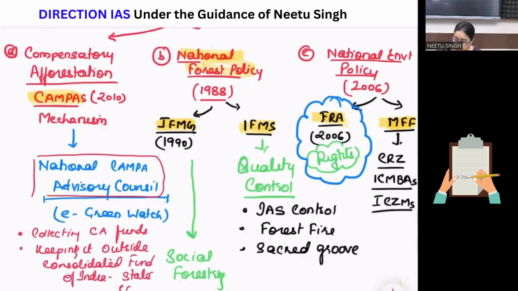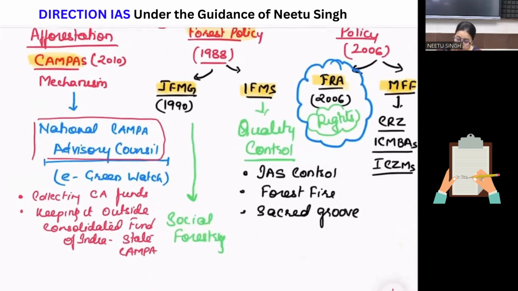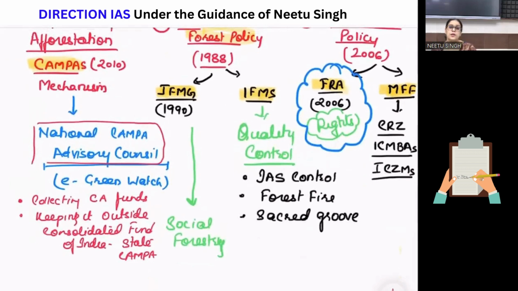So I create a hypothetical case. The Odisha state government has diverted a certain forested land area for non-forestry purposes. So the user agency will pay, not just for the land but also for the provisioning services. Raise your hand if you remember provisioning services. So the user agency will pay the value of that land and the value of the provisioning services.